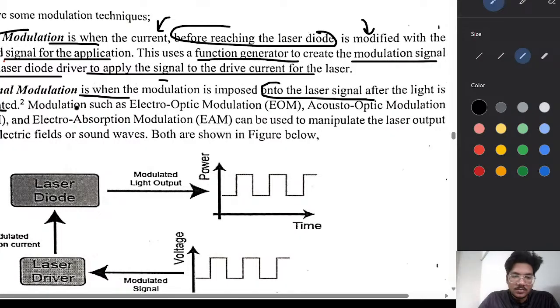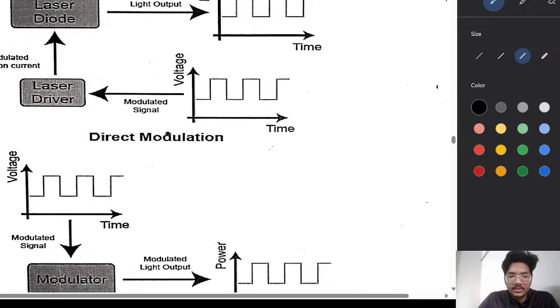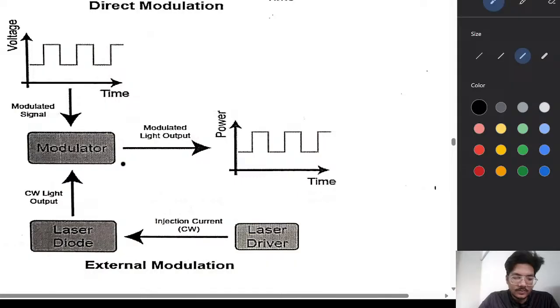Modulators such as electro-optic modulation, acousto-optic modulation, and electro-absorption modulation can be used to manipulate the laser output with an electric field or sound wave. These are examples of external modulation.